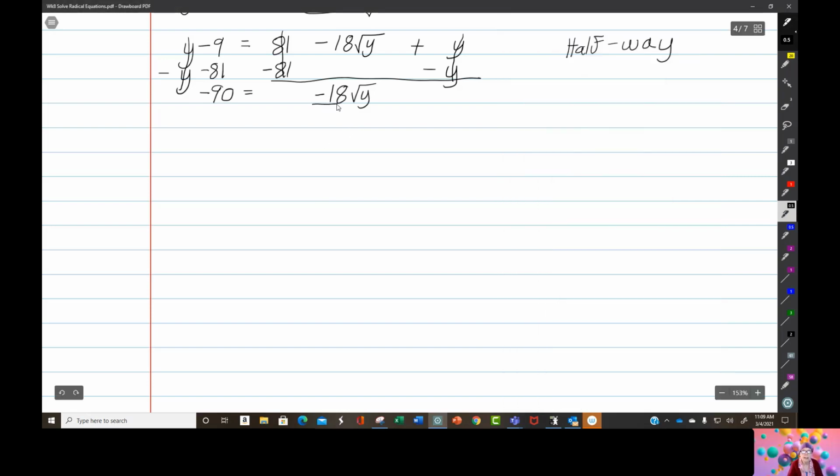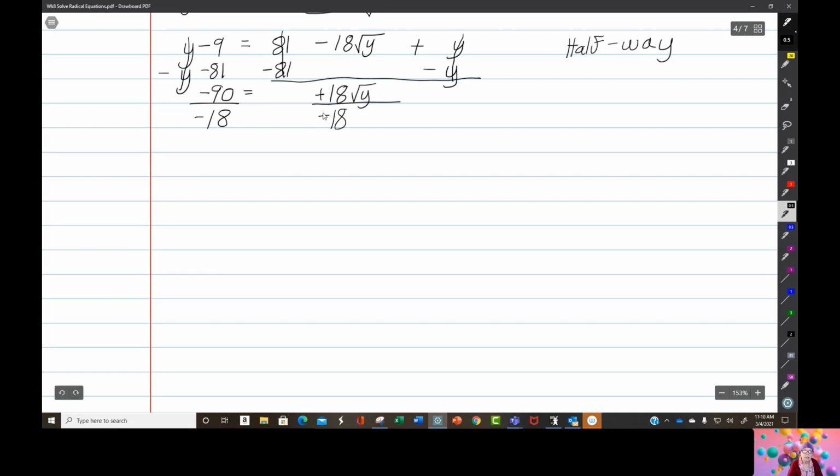But notice what we can do. Instead of just having to square both sides, which we could have done and we would have gotten monstrous numbers, we can divide out the negative 18. Like that.